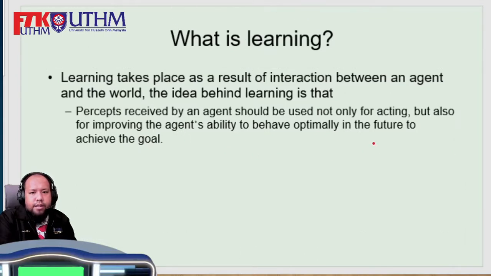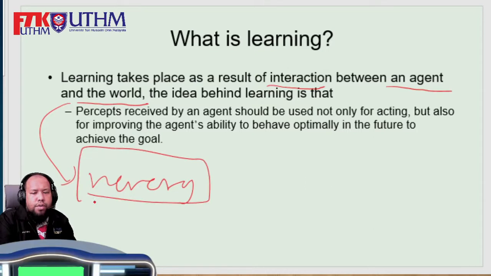So the keyword is the interaction of the agent and the world, or the environment, right? And then the learning takes place, they have some sort of memory inside kan. Dia kena ada memory, dia ada tempat untuk store whether the certain decision tu is good for them. So next time they do it, they already know. Okay, kalau nak sampai ke this objective, you have to go through this set of decisions, right?